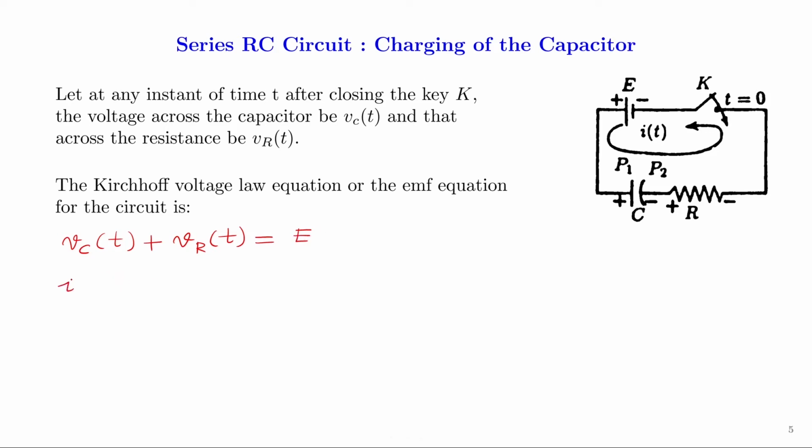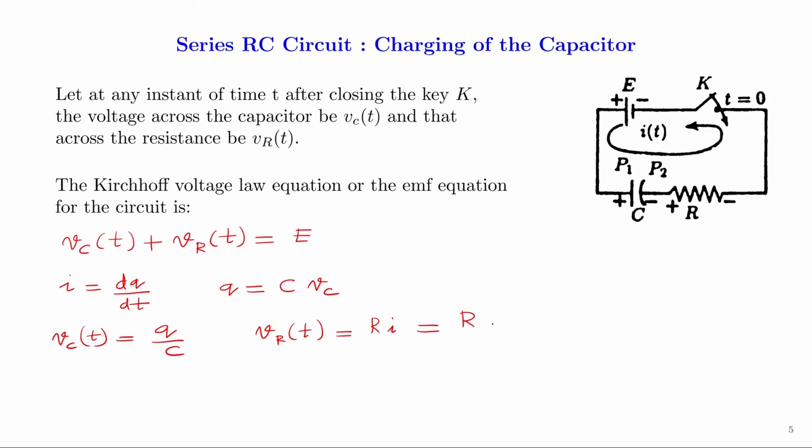Now we have the equation for the current as given in terms of the charge as dq over dt. And the charge stored in the capacitor at time t is given by q equal to C times V_C. That is, we have V_C(t) equal to q over C and V_R(t) as given by R times I, and this is equal to R times dq over dt.